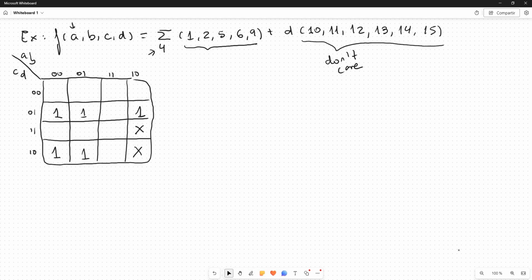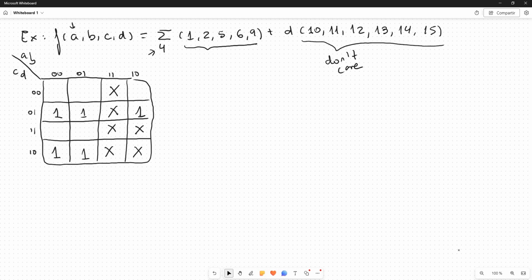The minterm 12 is 1100. The minterm 13 is 1101. The 14 is 1110, and the 15 is 1111. Just counting in binary. So this is our resulting Karnaugh map.